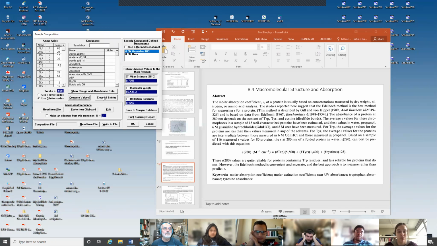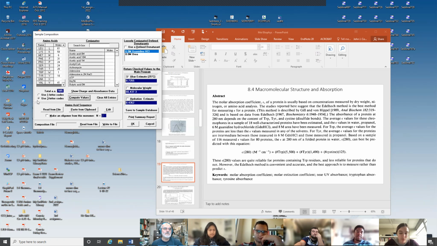When I say compute, what it does is it reads in the amino acid composition. Notice that there are 17.5 disulfides in this molecule. And then down below, there are 28 tyrosines and 18 tryptophans. That is how this software package calculates the extinction coefficient.